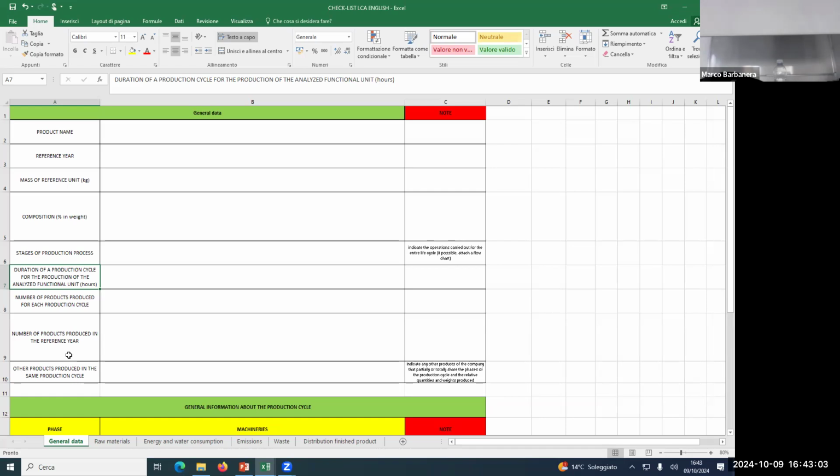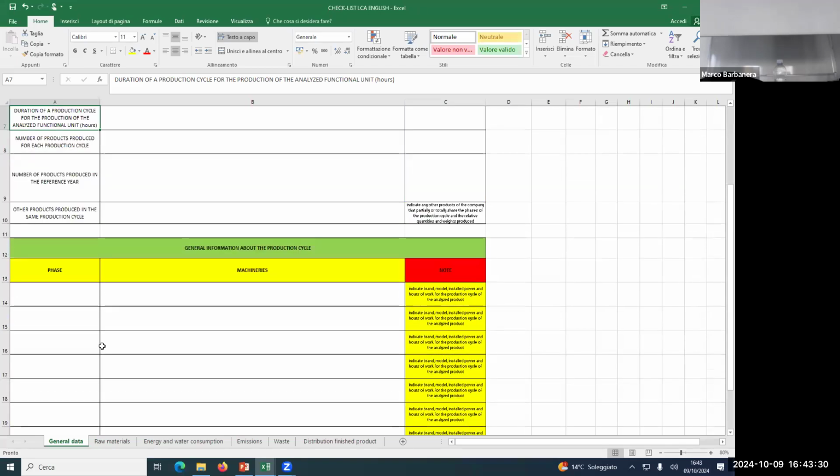So this information is important to know in order to have the possibility to divide in an accurate way the input and the output data. I repeat, between the main product and the other possible products.